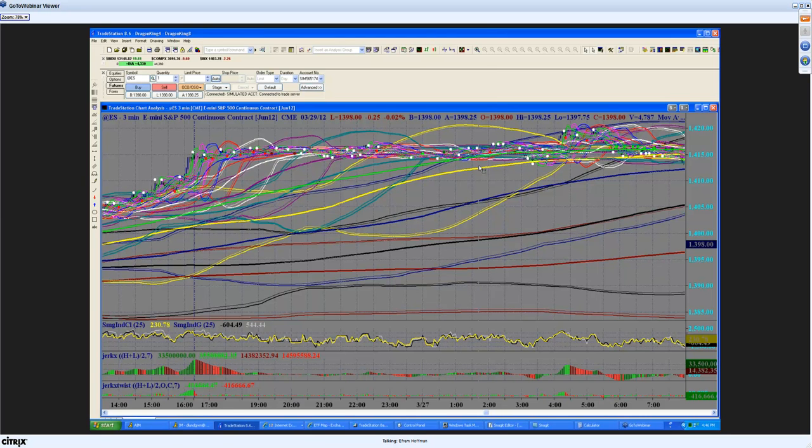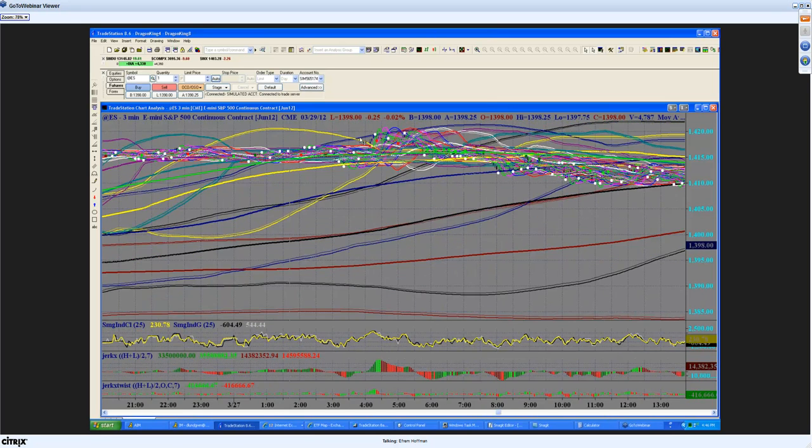Okay, the early morning hours of the 27th, and I put out a tweet indicating that there would be a reversal in that 1418 to 21 area. And how did I get those points? Well, it's defined by the risk window.